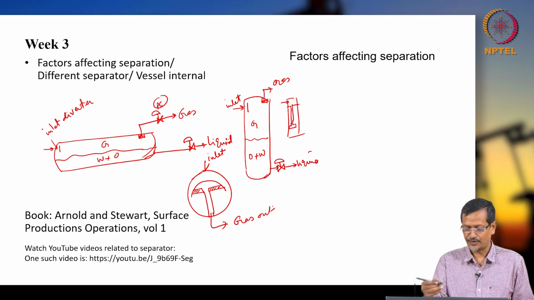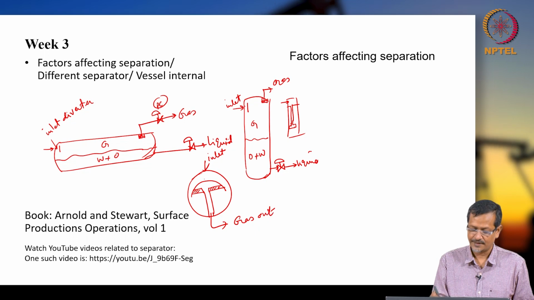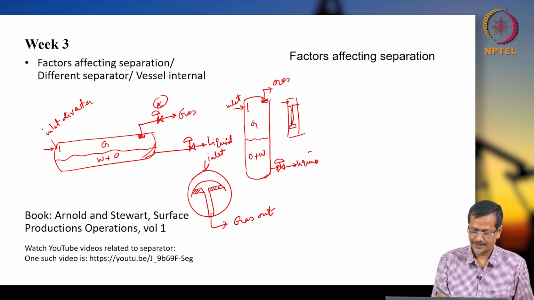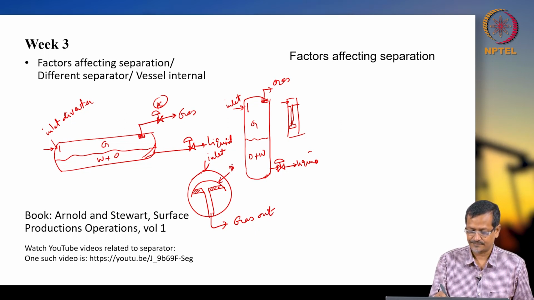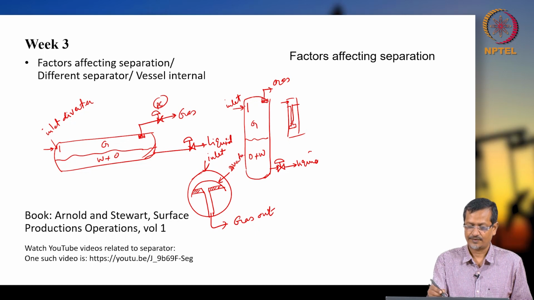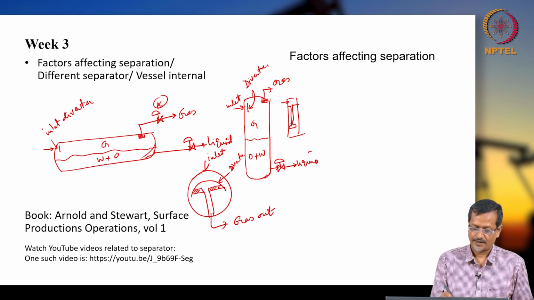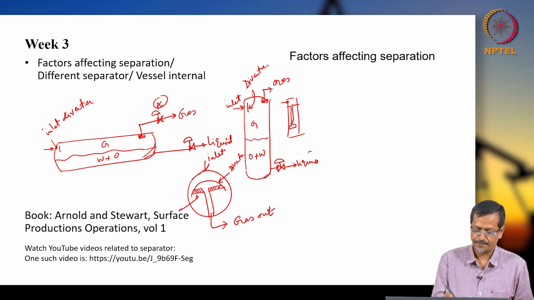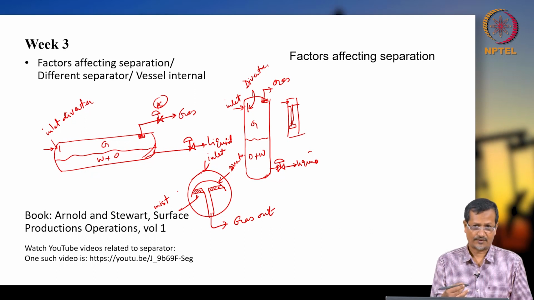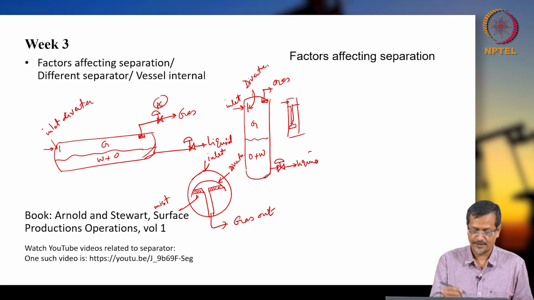I am not drawing all the valves here, only the gas outlet valve. Fluid is entering here and this one is the diverter, and this is the mist extractor, or demister, or mist remover.